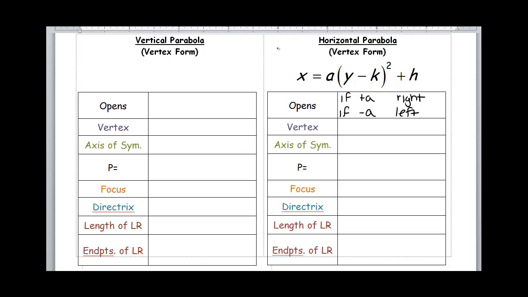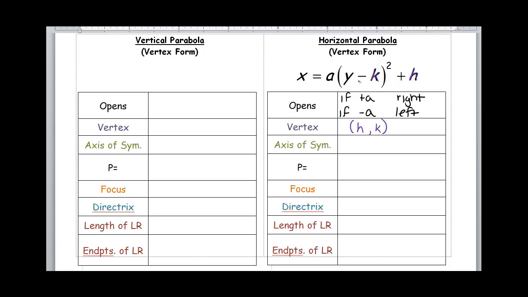Next, we want to look at our vertex, and that comes from the values h and k. Something to notice is that k is with the y value, and so that is going to be the y value of your vertex. H is out here on the outside with x, and so that will be the x value of your vertex. It's very important to know that because, as you see, it's flipped from the order they appear in the equation.